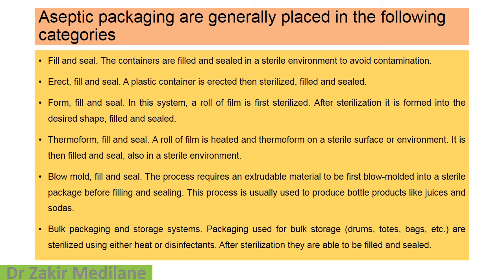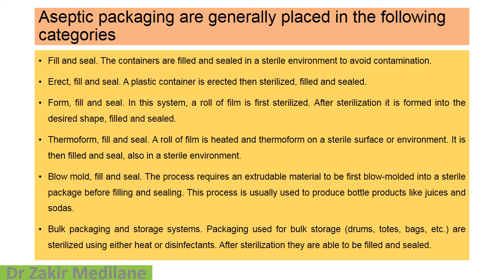Thermoform, fill and seal. A roll of film is heated and thermoformed on a sterile surface or environment. It is then filled and sealed also in a sterile environment. Next is the blow mold, fill and seal.